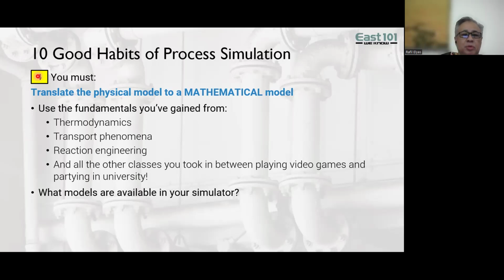We need to understand what sort of mathematical framework we need in order to represent that physics-based model.